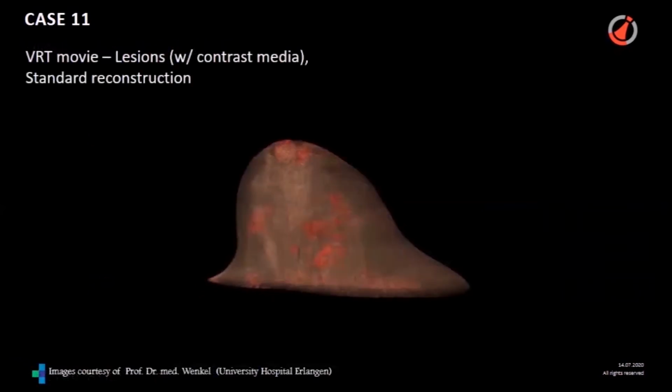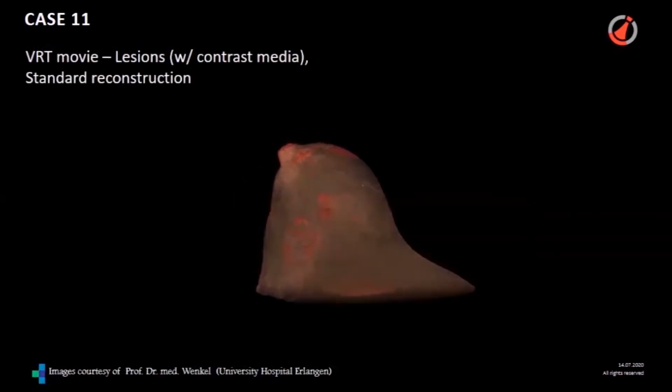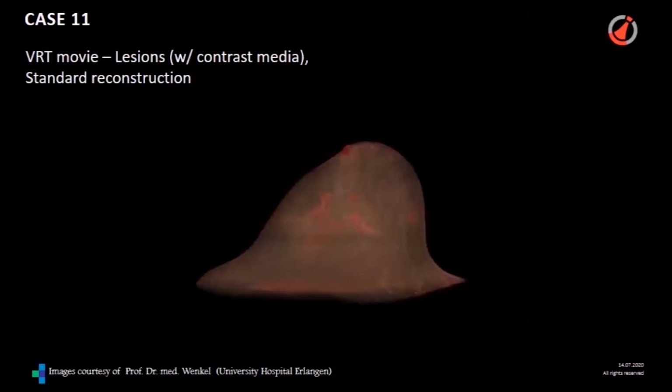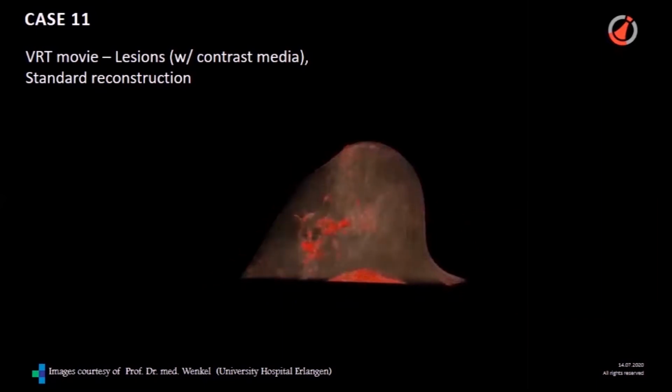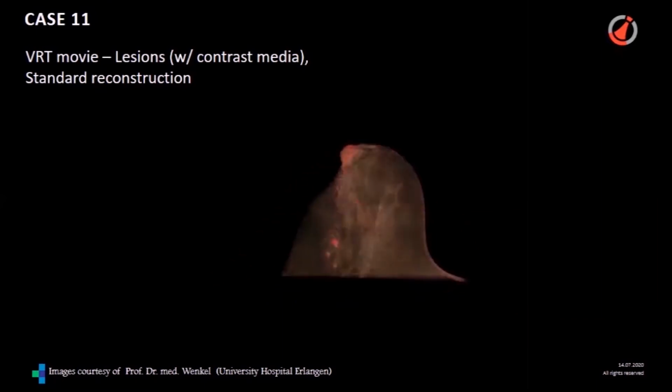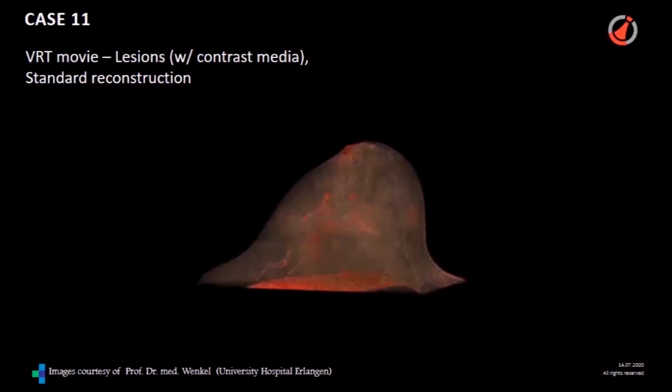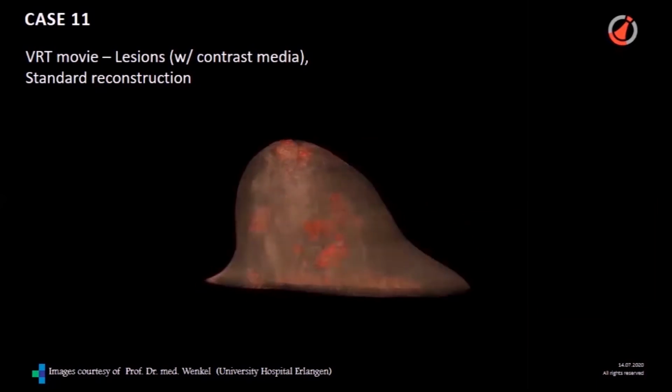You can reconstruct those images in a 3D manner as you like it. For this example, you clearly see the multiple foci of the tumor after contrast administration, and I think these images are astonishing and kind of a revolution in senological imaging for sure.